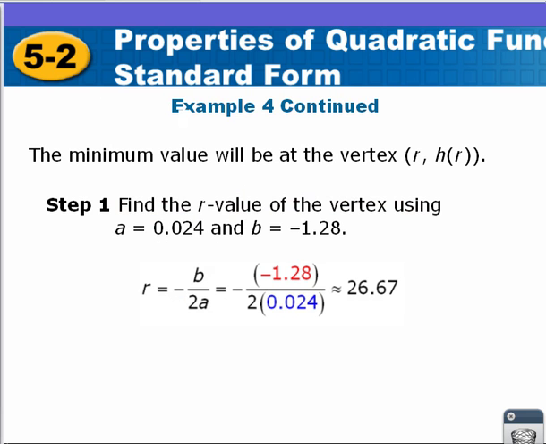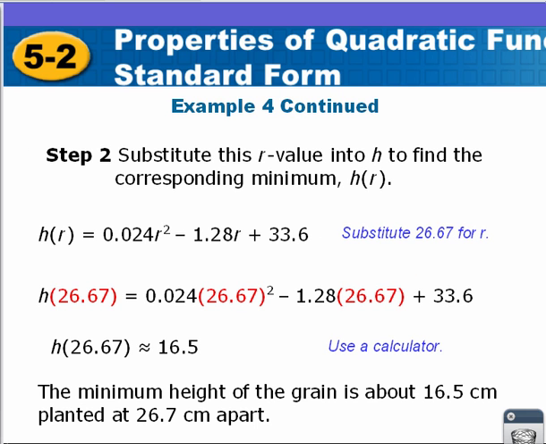We're going to find r, the row spacing, by negative b over 2a, where this is our a, this is our b. So this is the row spacing that gives us the minimum. And now to find the actual minimum, we're going to plug that into our equation right here. And we end up with a height of about 16.5. So that is the minimum height when you plant at this row spacing.